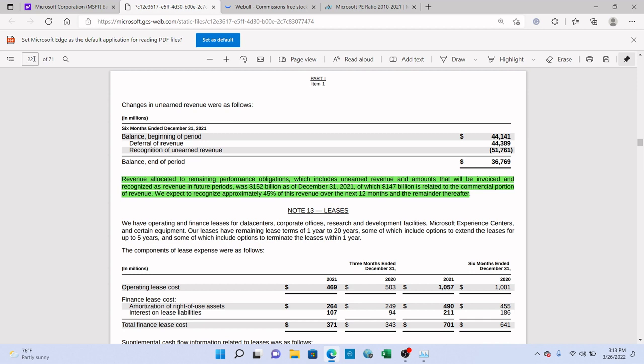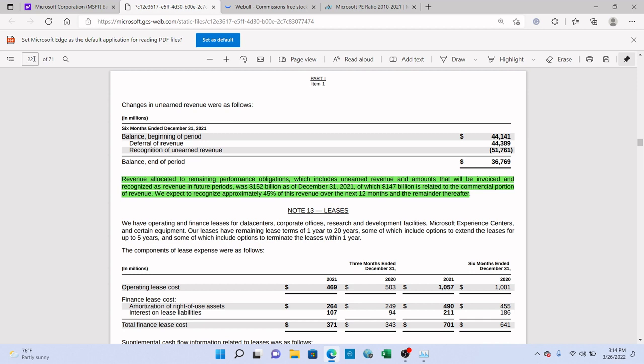If you're paying rent, you pay that at the beginning of the month, and the landlord isn't going to recognize that revenue until the full month has passed, because they have this performance obligation where you basically have to live there for a full month for them to recognize that 1 month of revenue. This is kind of what's going on here.